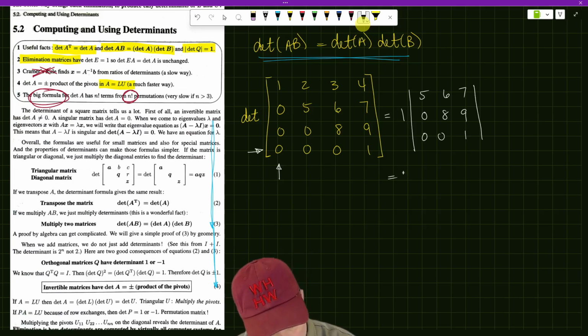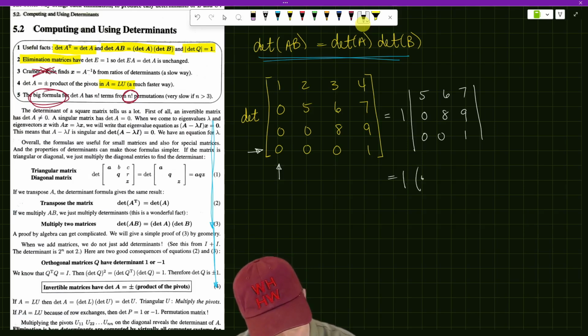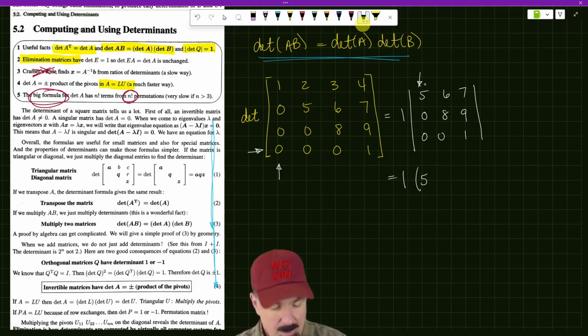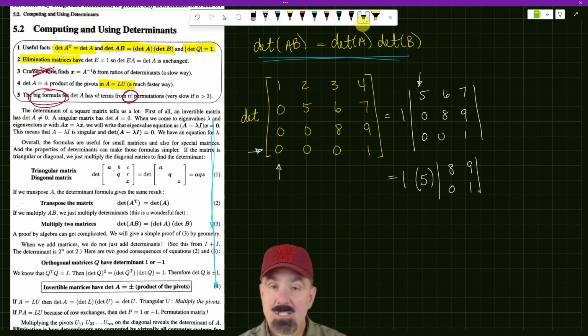But that's equal to 1 times, and now I'm going to do cofactor expansion. So it's 1, and then it's 5 times, and I'm going to expand again along this first column. It's 5 times the determinant of the remaining matrix, which is 8, 9, 0, 1, because the other two entries are both 0.